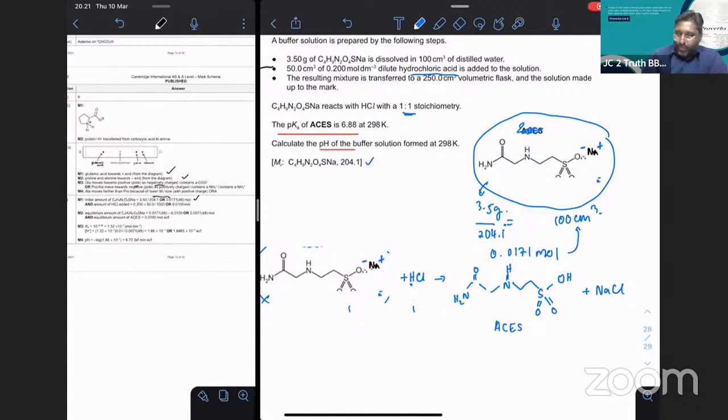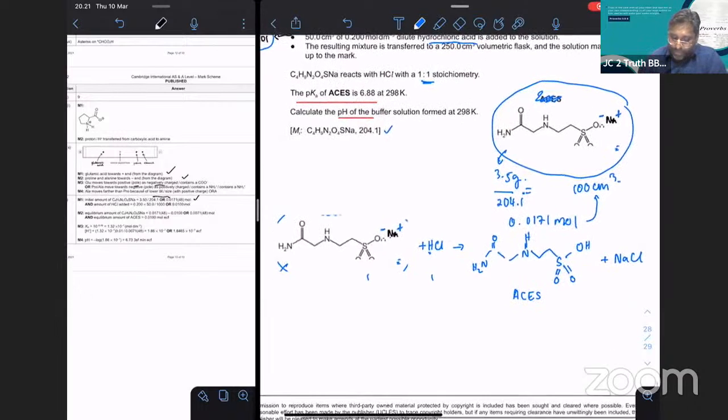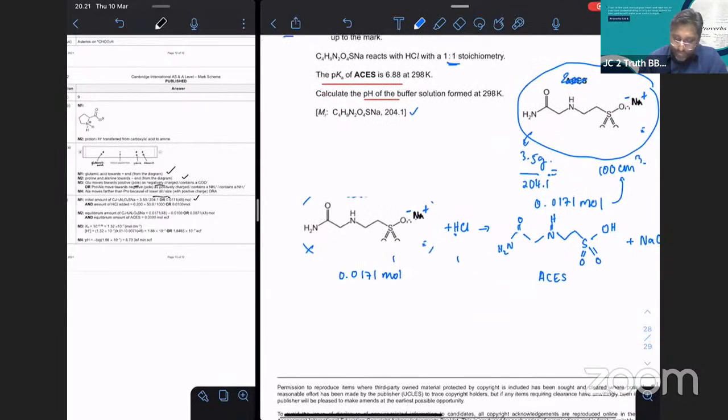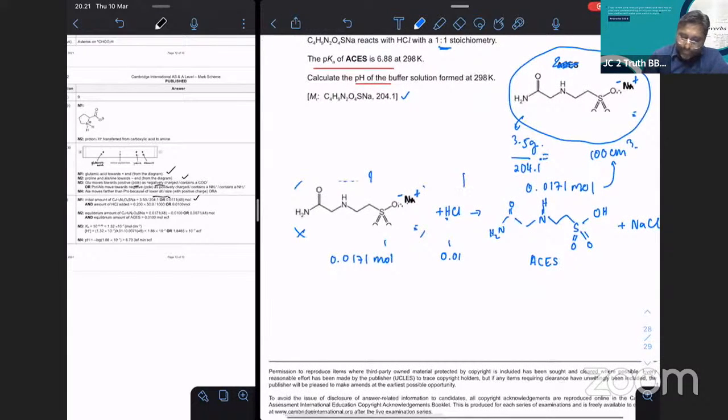Now, once we get that, we know that this is 0.0171 mole, and for HCl, I used 0.01, just as I calculated. You see there is something in excess, because 1 mole will react with 1 mole.